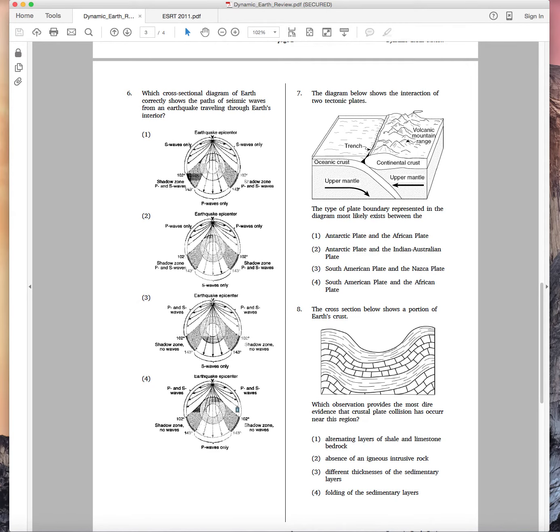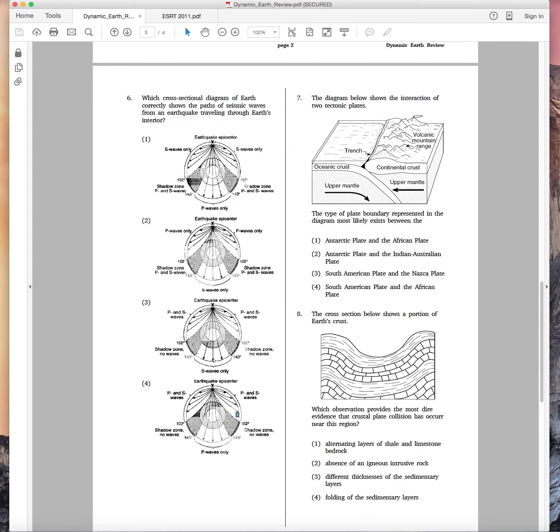Now, if you look directly opposite of the earthquake epicenter, we have waves that go through the outer core, through the inner core, back through the outer core, and then toward the surface on the other side. And we know that the outer core is inferred to be a liquid, which means that the waves that go through the outer core have to only be P waves.